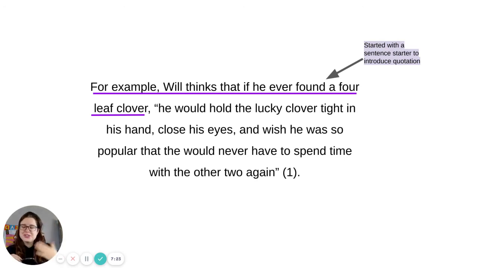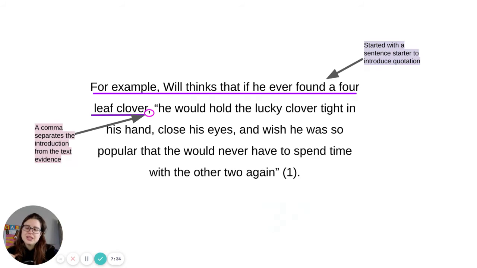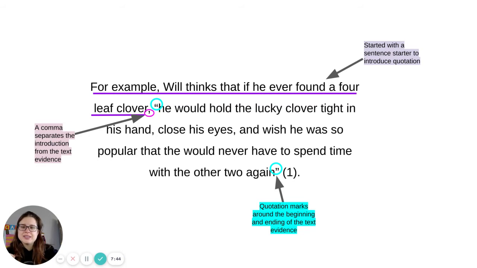I introduce my quotation to the reader. Then I need to add a comma to separate the introduction from the text evidence. The next thing I need to do is put quotation marks. Notice how there's quotation marks at the beginning and the end of this piece of text evidence.